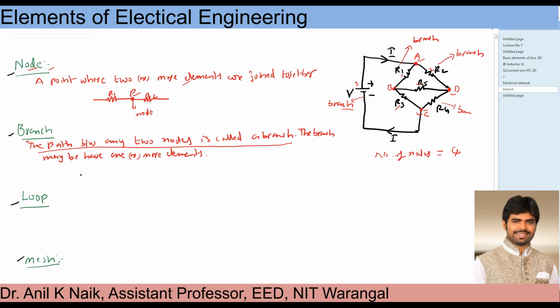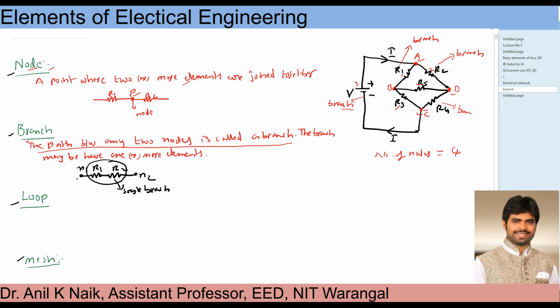Suppose this is one node N1 and this is my node N2. In between these nodes, suppose two elements are connected in series. If the two elements are connected in series, then these two elements combined can be considered as a single branch.